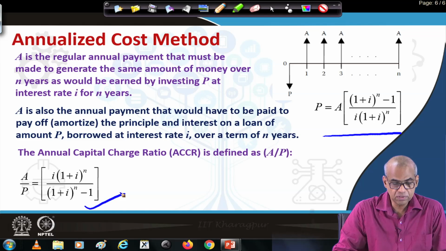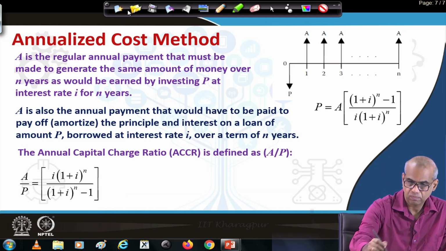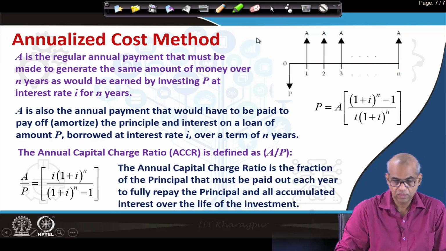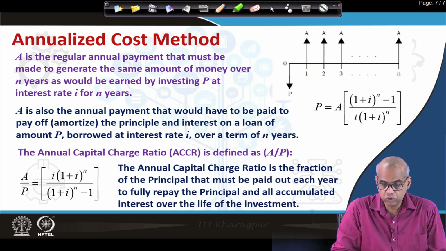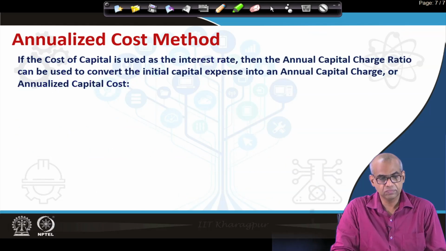I is the rate of interest and n is the number of years. The annual capital charge ratio is the fraction of the principal that must be paid out each year to fully repay the principal and all accumulated interest over the life of the investment that is considered to be n years.